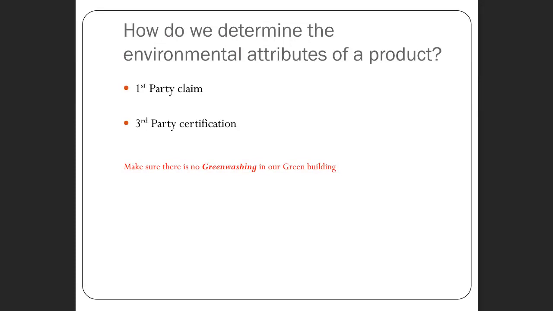I'm going to make sure there's no greenwashing in our green building, right? We're trying really hard to have high performance buildings. We're going to make sure that we're not choosing products that don't really live up to the standards that we're looking for. Right, so what's a first party claim?